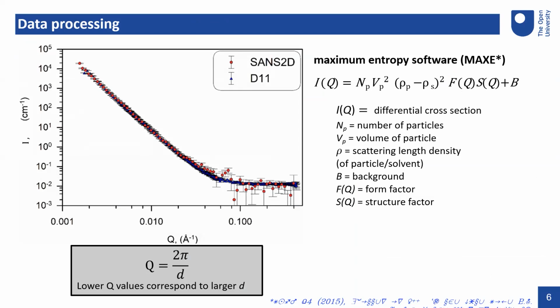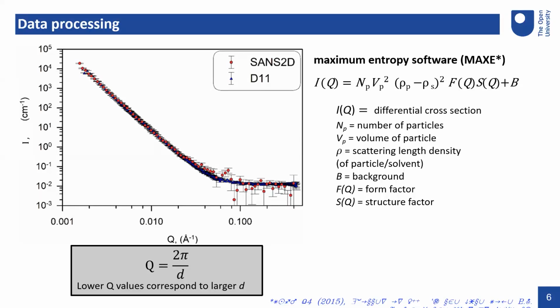As it is now, you can see the information for both instruments, SANS2D and D11. At the higher Q, the data for SANS2D is a little bit noisier compared to D11, but more or less the data are quite consistent with each other.